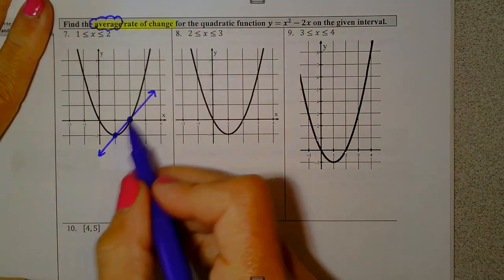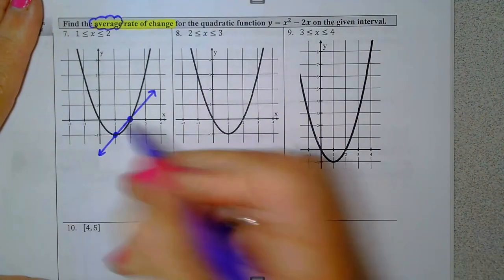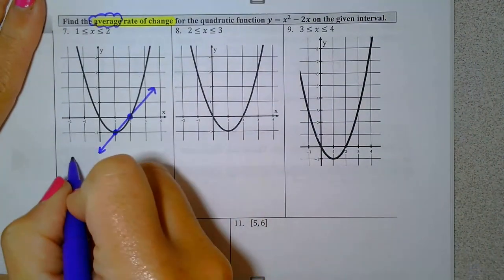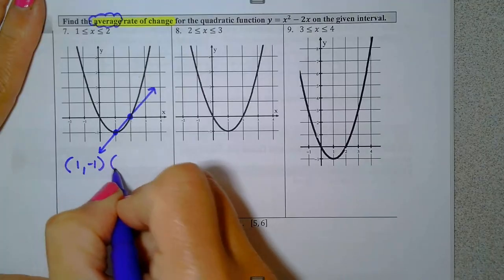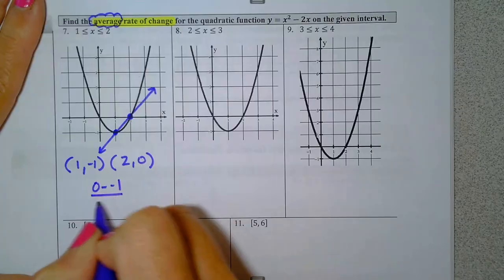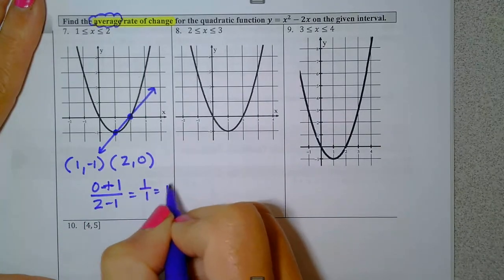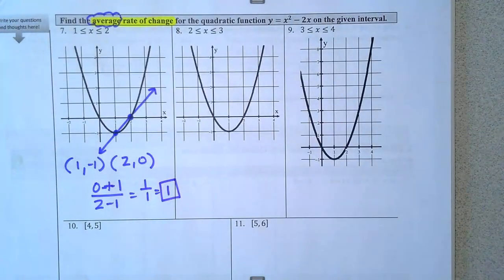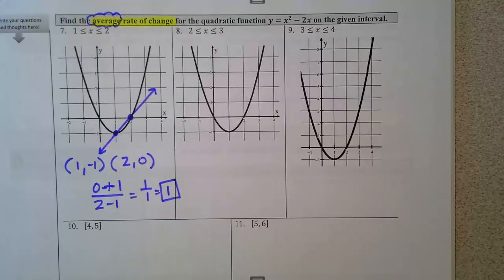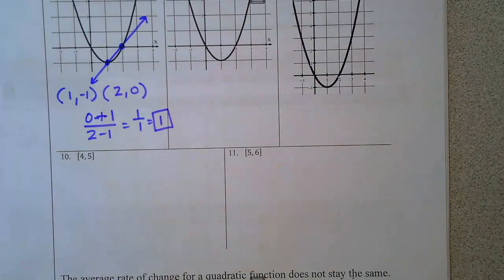So I'm going to find the slope on this little chunk of my parabola. That's all that is. I'm going to have 1, -1, and 2, 0. So 0 minus -1 over 2 minus 1 is 1 over 1, which is 1. So on that interval of that parabola, the slope is 1. Does that make sense?